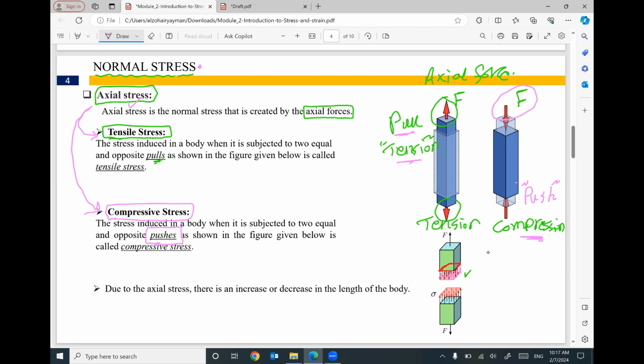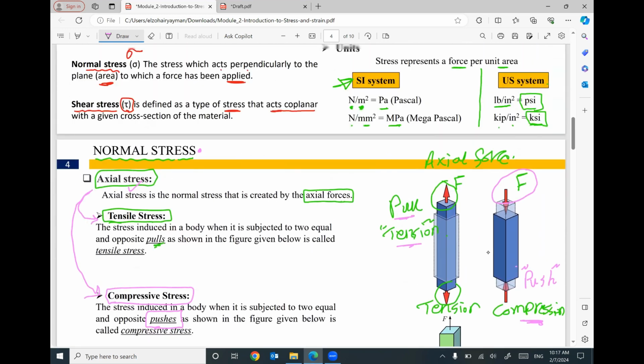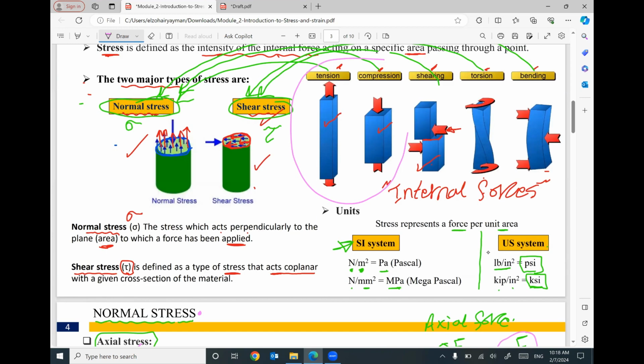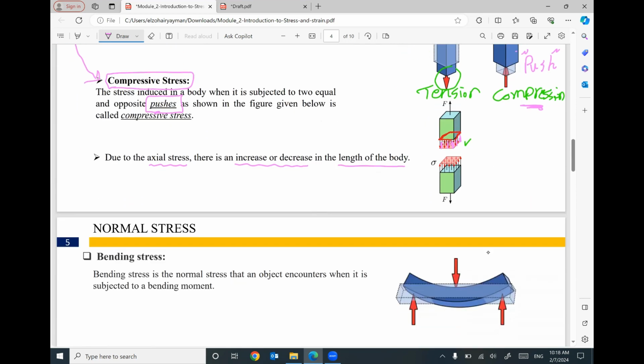Later in the next chapters, we will learn that the axial stress, which is tension or compression, can cause deformation in the member, an increase or decrease in the length of the member. We will cover this later. So far, we covered that the axial force will cause normal stress, which is called axial stress.